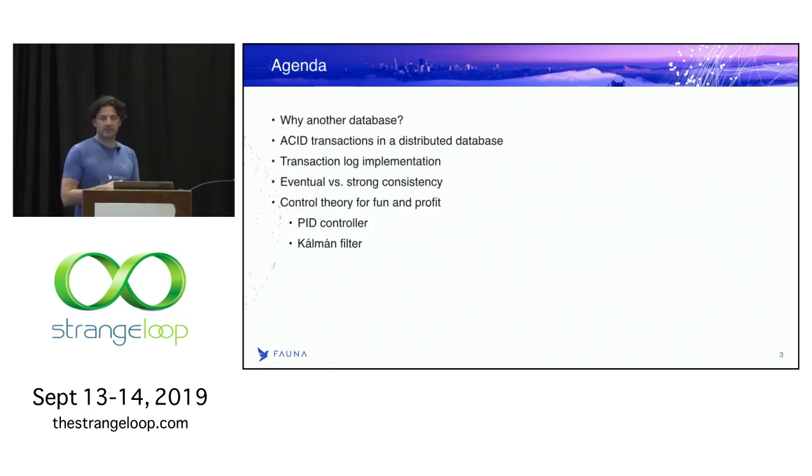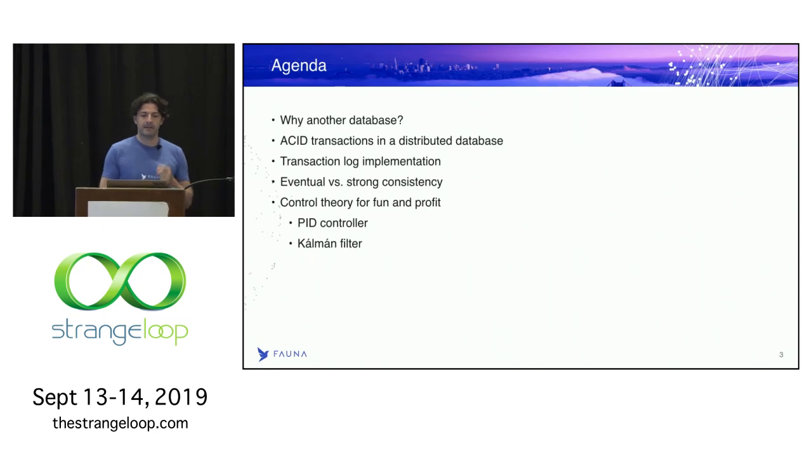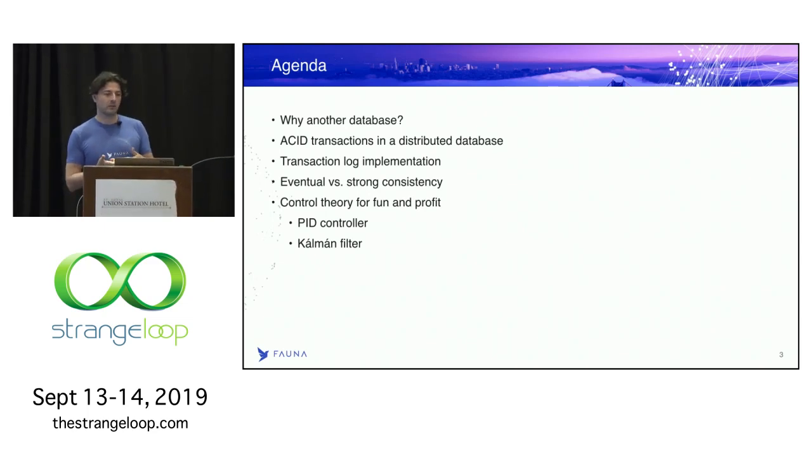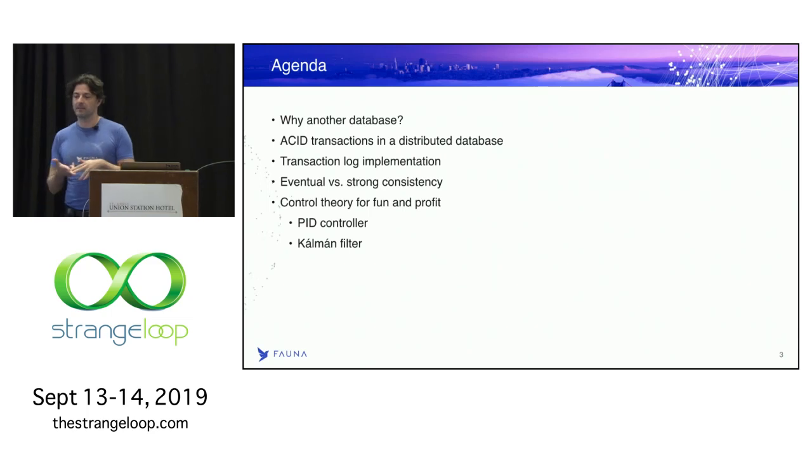So our agenda for today, just to see approximately where I want to take you with all of this. I want to touch on why we are even building another database. Then I want to talk about how we implemented actual strong ACID-compliant transactions in a distributed database. I will talk about our transaction log implementation, and how this helps achieve this goal.